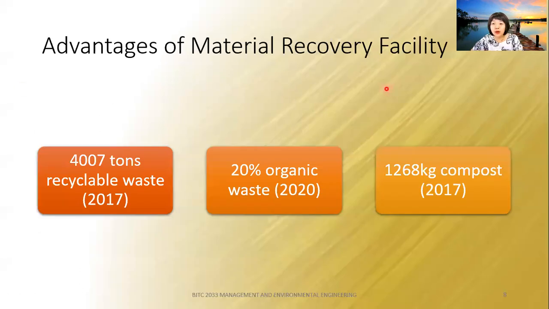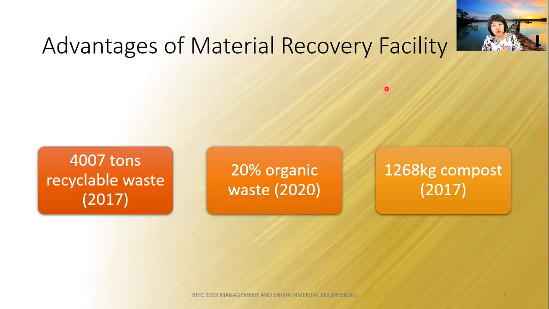Right. So what are the advantages of the MRF? From E-Idaman's statistics, by 2017 they were able to collect almost 4,000 tons of recyclable waste. So that means we actually reduced 4,000 tons of the waste that goes into the landfills.